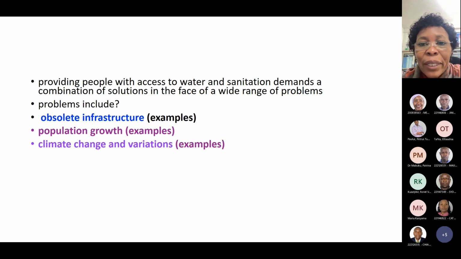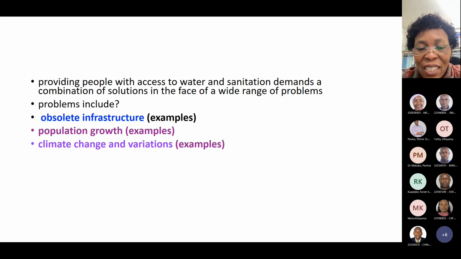Rains come in months that we don't expect. They last probably longer than what we had been experiencing before. And it has an impact on our water resources and water resources management, and of course availability of water and proper sanitation.